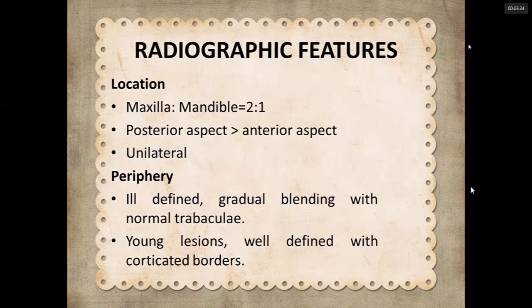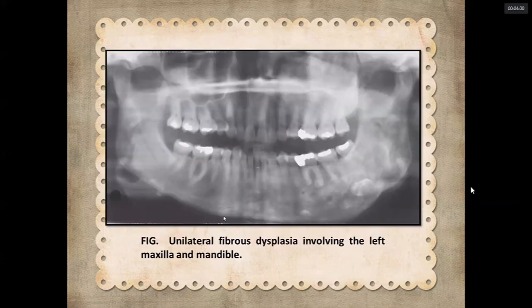Okay, so usually the periphery of the lesion is ill-defined with gradual blending with normal trabeculae, and the young lesions are well defined with corticated borders. So here you can see the unilateral fibrous dysplasia involving the left side of the maxilla as well as the left side of the mandible.